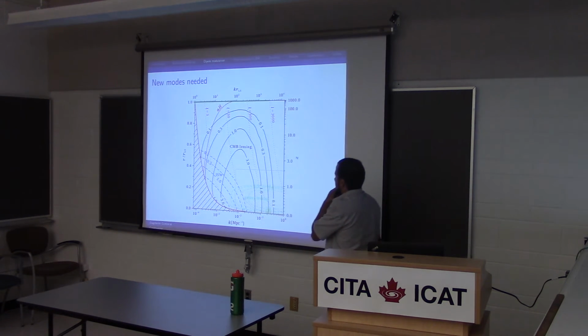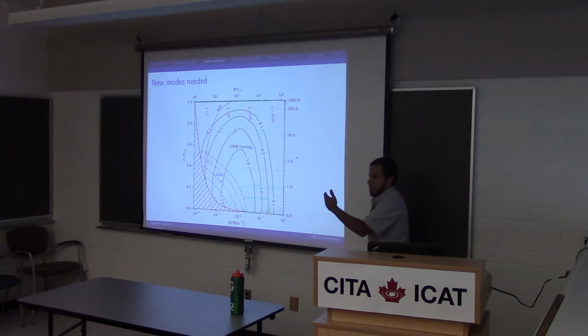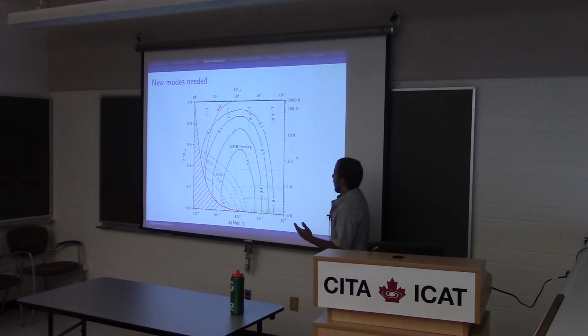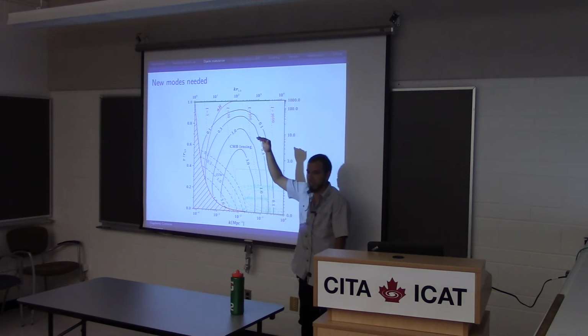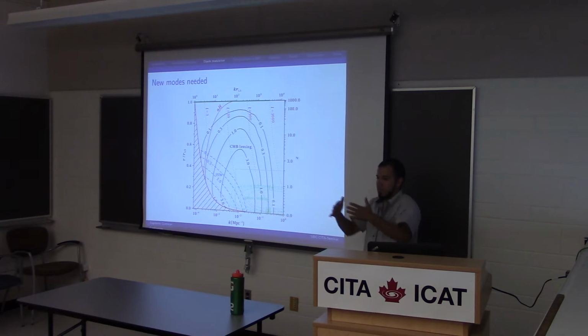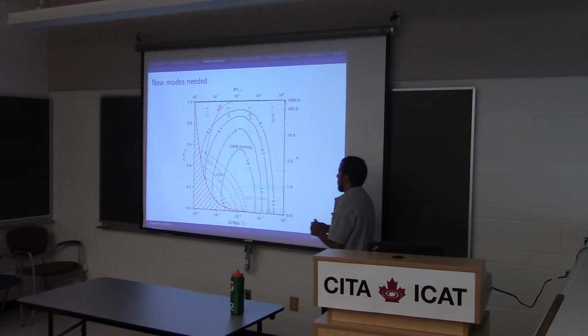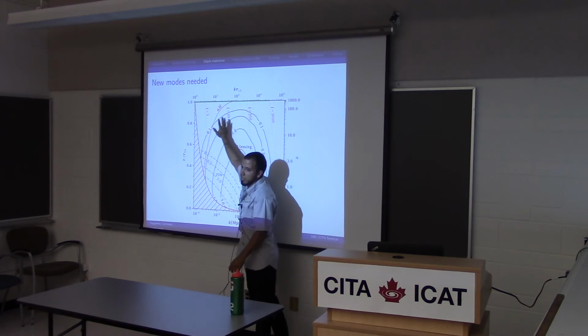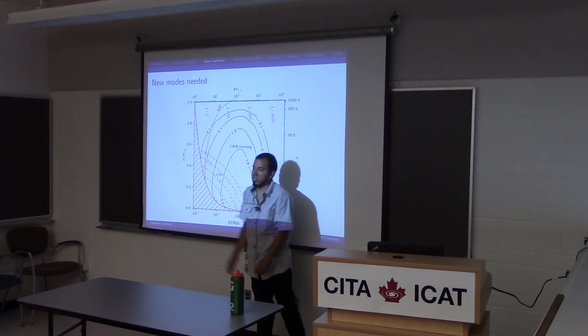So if I wanted to look for something else that could help me determine whether this dipole modulation signal was real, I want something close to last scattering, because if I had a gradient, then the amplitude would decrease as I move to things closer to me. And I also want something that can access low k, or large scales.